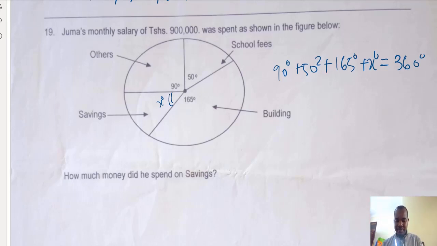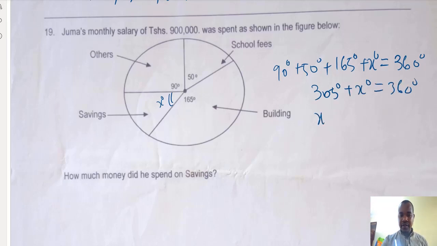So 90 plus 50, it is 50 degrees, plus 165, we get 305 degrees, plus 80 degrees equals 360. So x will be 360 minus 305. So x will be 55 degrees.